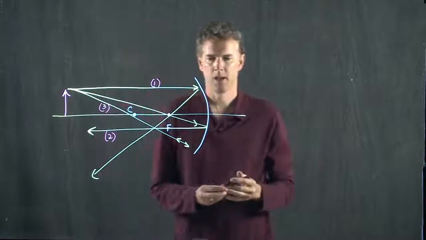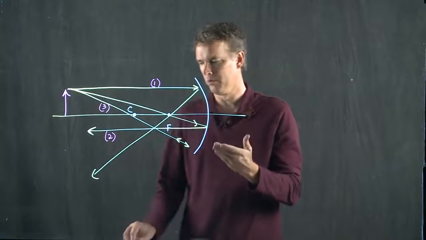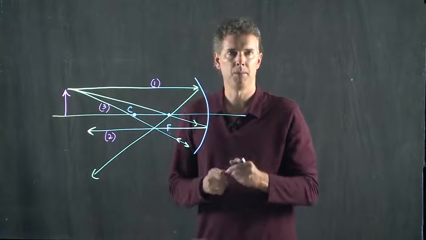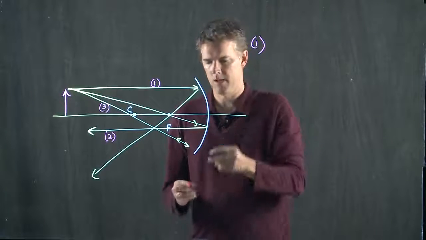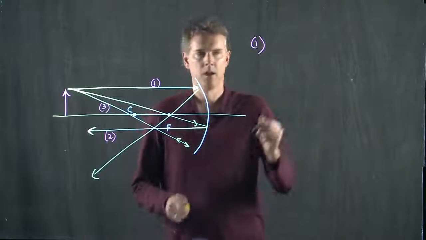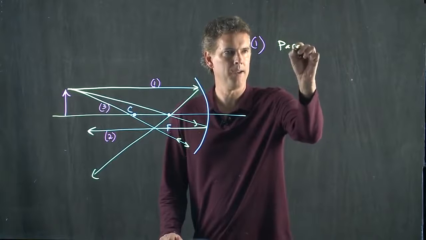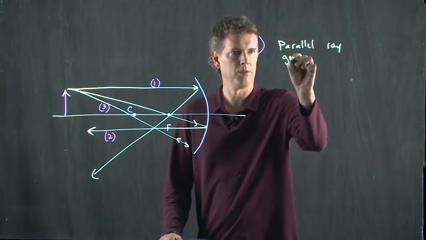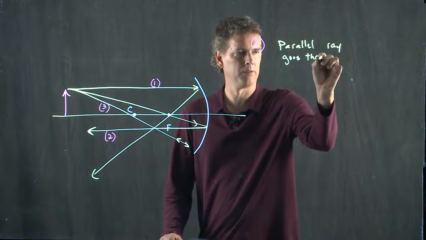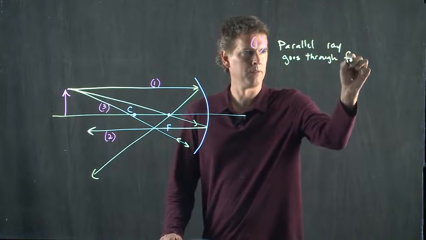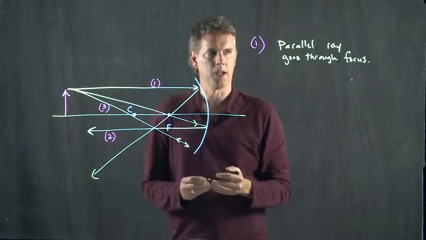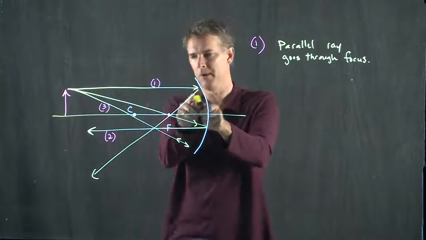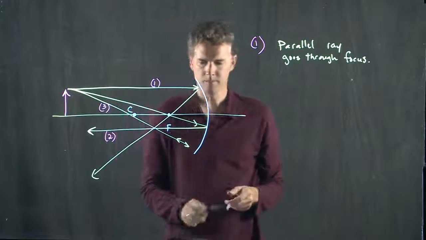And let's see if we can identify the rules that we just wrote down for those 3 rays. So ray number 1 is the following. Parallel ray goes through the focus. And that's exactly what we drew. There was a ray that came in parallel, it bounced off the mirror, and it went through the focus.